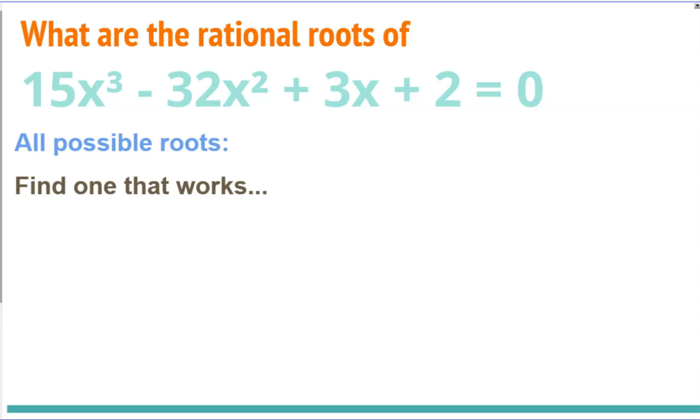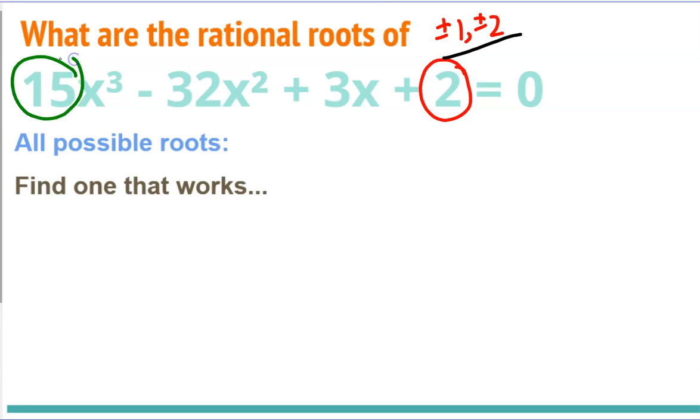We have 15x cubed minus 32x squared plus 3x plus 2. So first we have to find where this is crossing the x-axis, okay? Let's make our list first. My list is going to be all of my factors of 2, which are positive and negative 2 and 1, divided by all of the factors of 15.